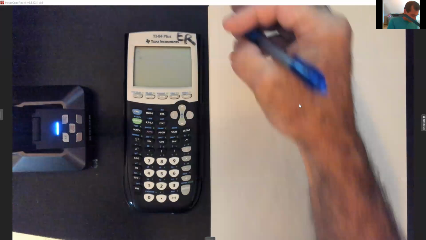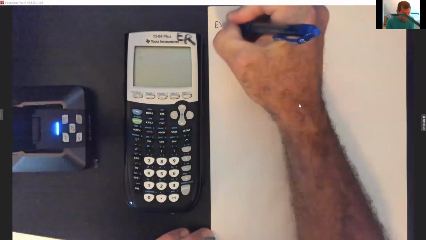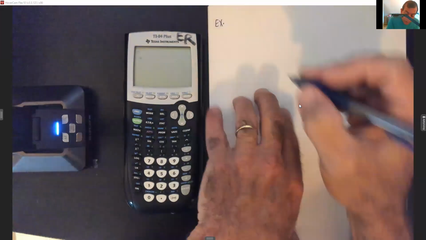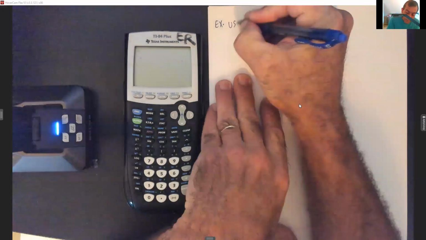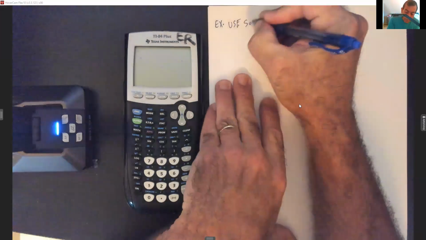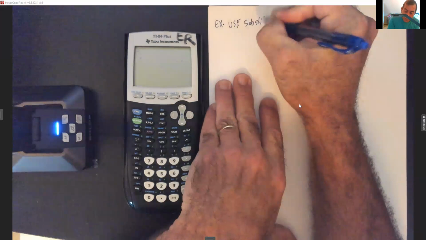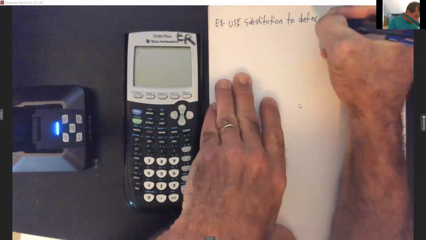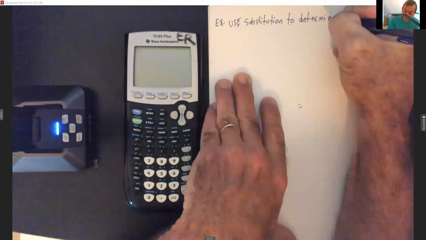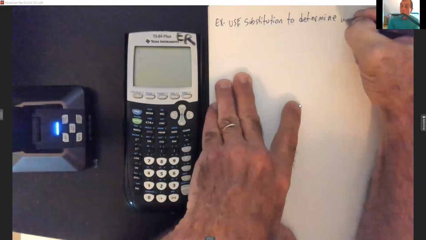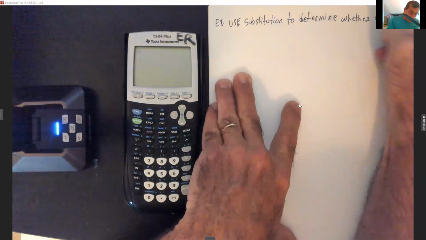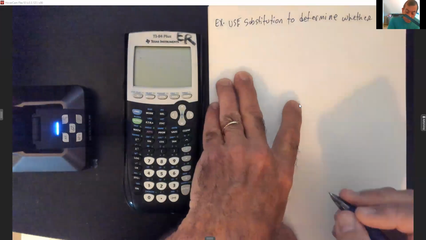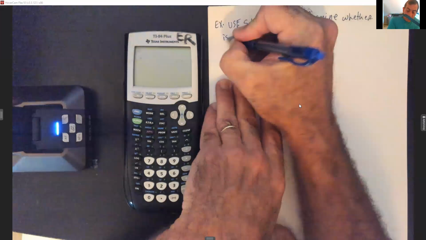So this next example, they want us to use substitution to determine whether 4 is a 0 of the following.